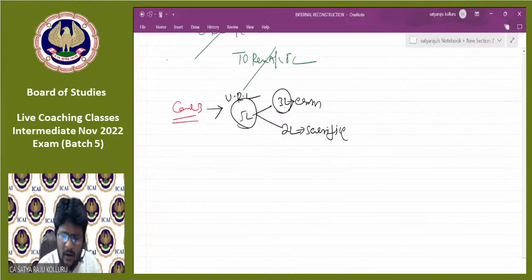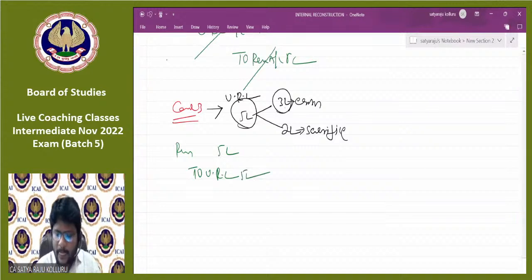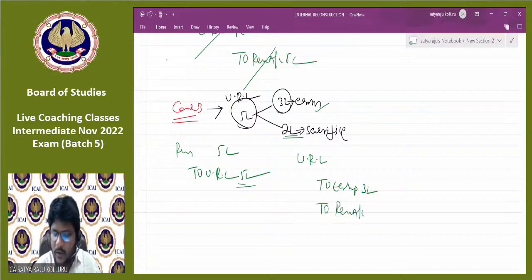Again, you can record, not an issue. First, reconstruction to unrecorded liability, 5 lakhs. Now, out of this 5 lakhs, 3 lakhs we are paying in the form of equity shares, that is unrecorded liability to equity share capital account, 3 lakhs. For the remaining 2 lakhs, which they sacrificed, I need to transfer to reconstruction account, 2 lakhs. Total 5 lakhs.